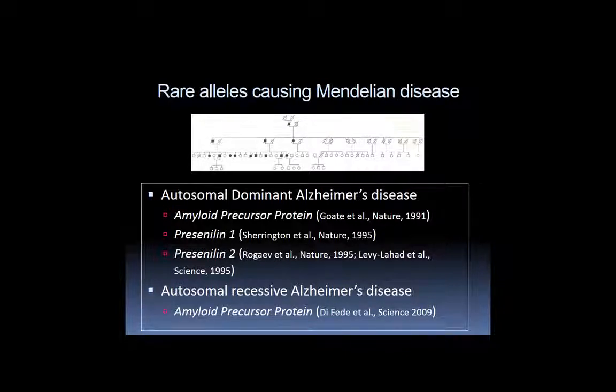And so this was, I think it's about 1992, the first linkage in these Alzheimer families to chromosome 14 was reported by Peter Hyslop and colleagues.